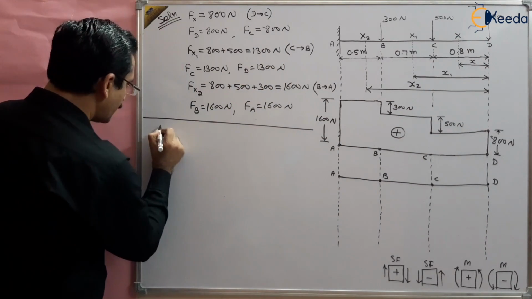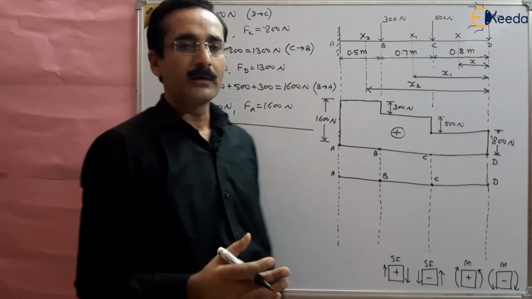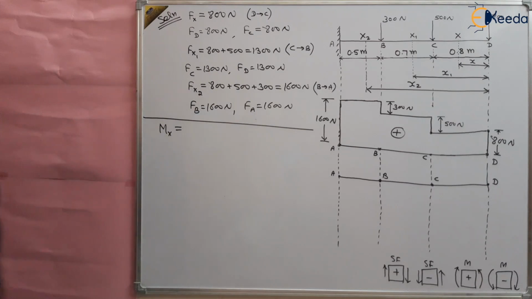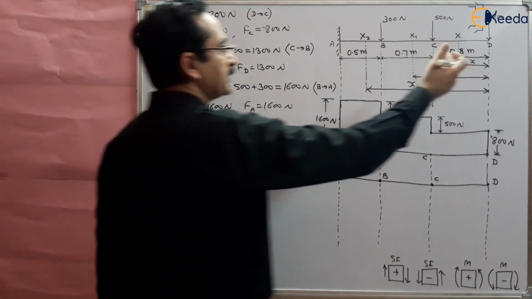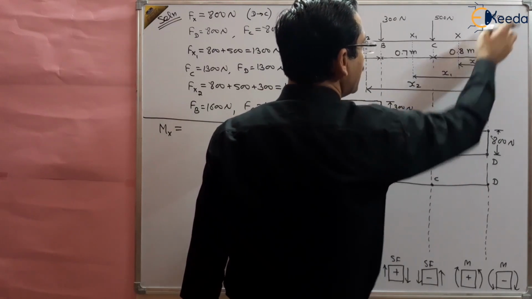So what is bending moment? Mx will be equal to the algebraic sum of the moments of all the forces to the right or left of the section. So let us take to the right of the section, because we are already taking the right section. To the right of the section, this is one force 800 multiplied by the perpendicular distance, that is x, 800x.